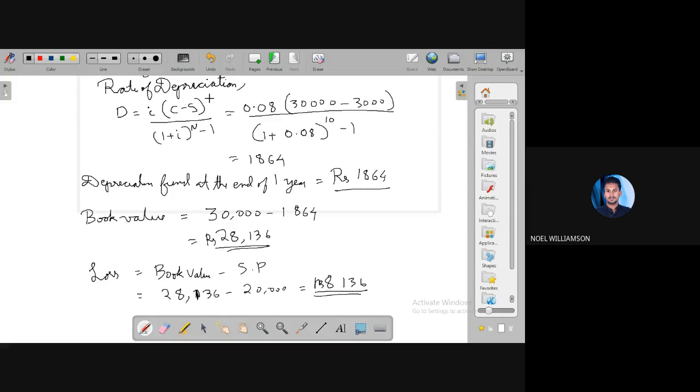So comparing the selling price and cost price, we get that it is a loss because the selling price is less. We are getting only 20,000, but we have spent 28,136. So ultimately, the rupees 8,136 will be a loss. This is how we can calculate the depreciation using the sinking fund method.